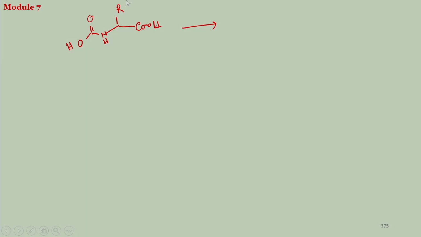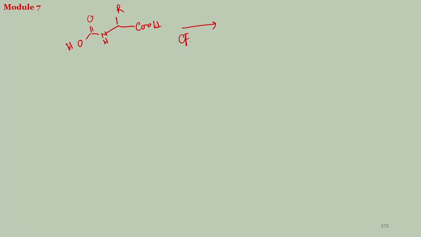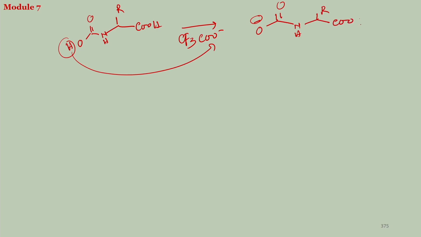Now, initially there was one proton transfer from the trifluoroacetic acid to this oxygen. So, this has become an acetate anion, CF3COO minus. Now, again a proton transfer will happen from here to there, and it will become an OH, or it can happen instantly. The moment this is formed, it will easily decarboxylate, minus CO2.